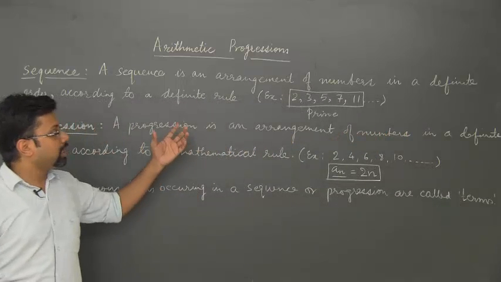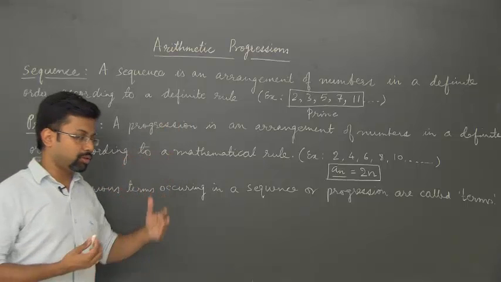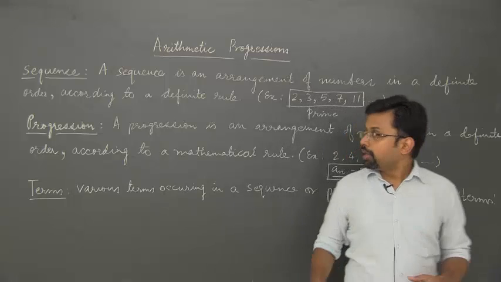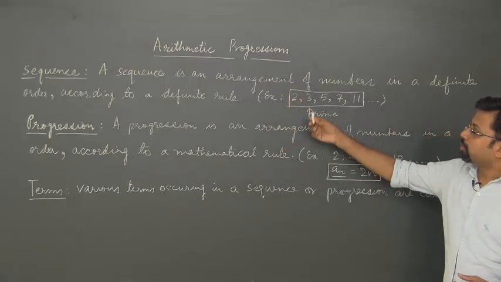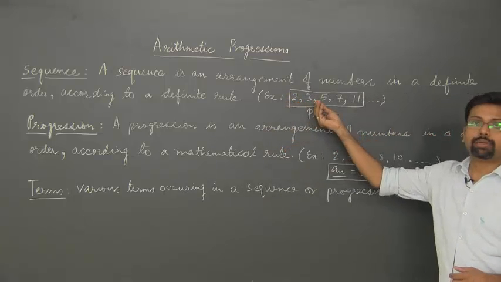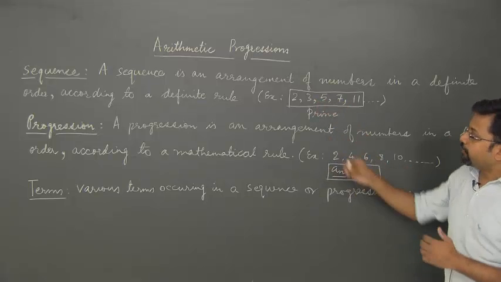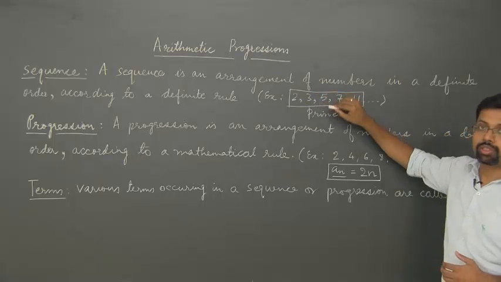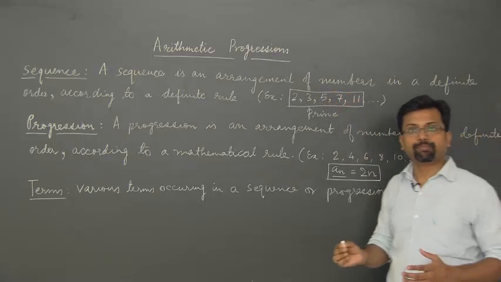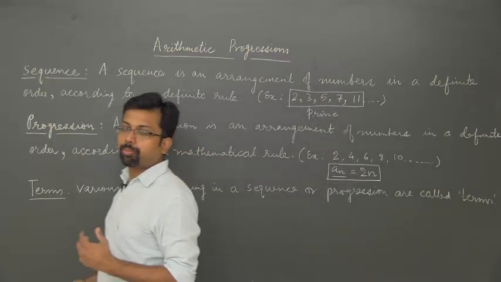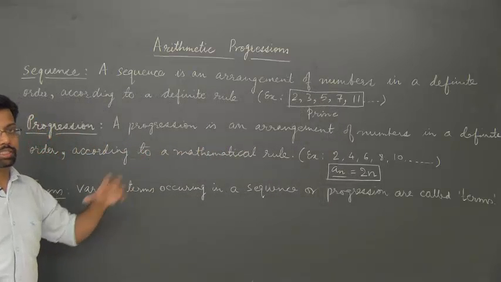The third thing that we do not have to study in this particular class, but I think you should know about, is a series. In both progression and sequence, the numbers are separated by commas. If in place of these commas, we have the summation sign or a plus sign, then this particular sequence or progression would become a series.